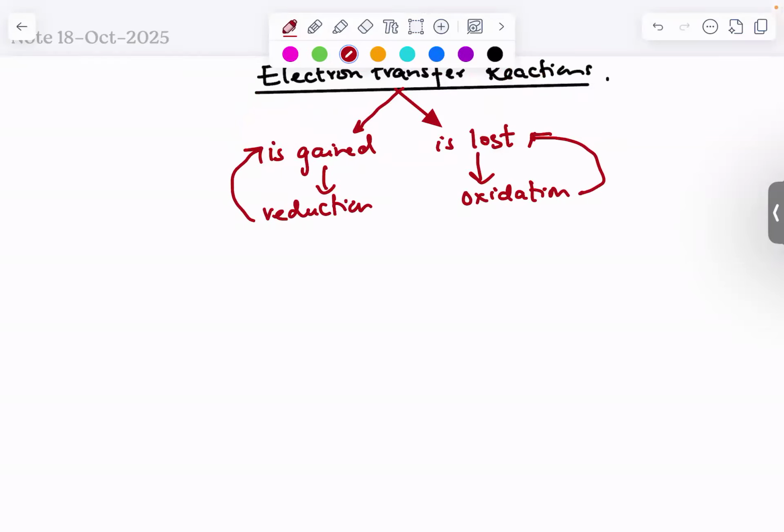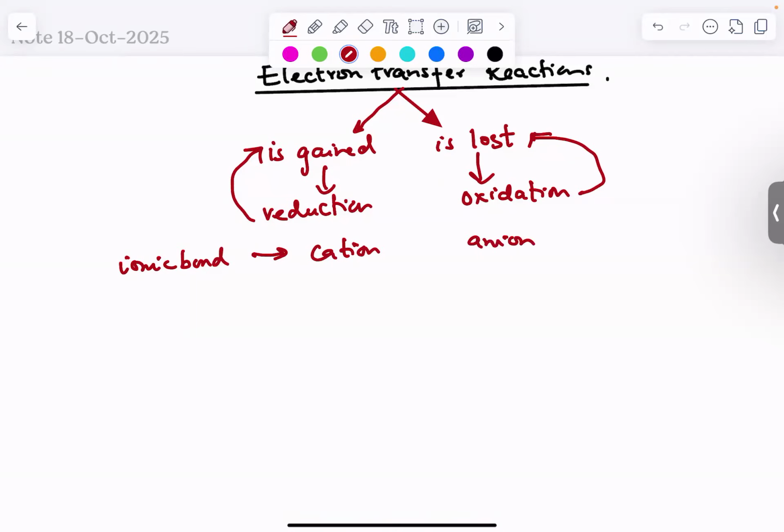Now, in almost 90% of reactions, there is always a transfer of electron, sometimes from one element to another element, right? For example, in an ionic bond, the electron transfer takes place, so we get a cation and we get an anion.